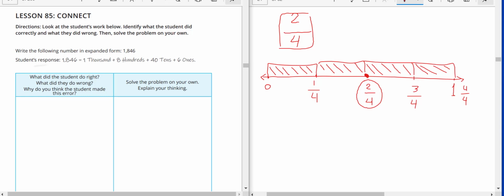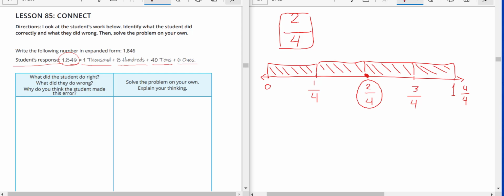Student's response: 1846 equals 1000 plus 800 plus 40 tens plus 6 ones.